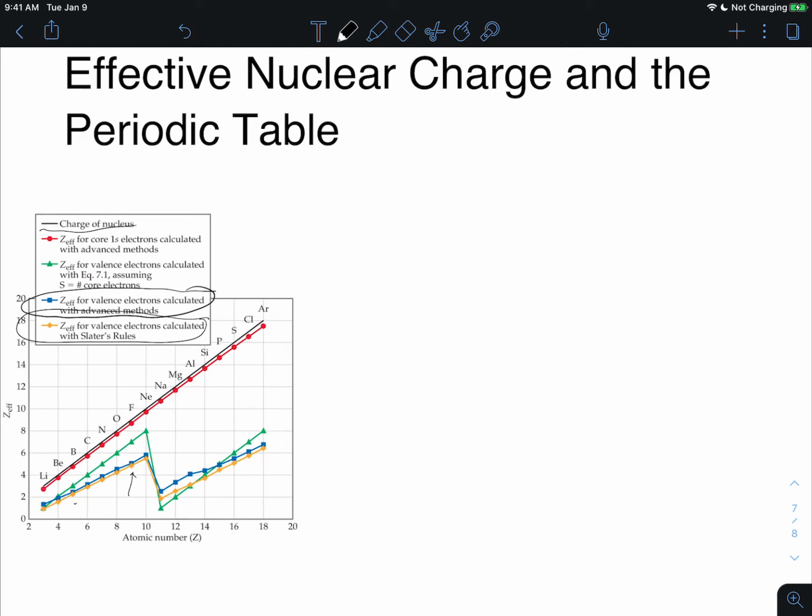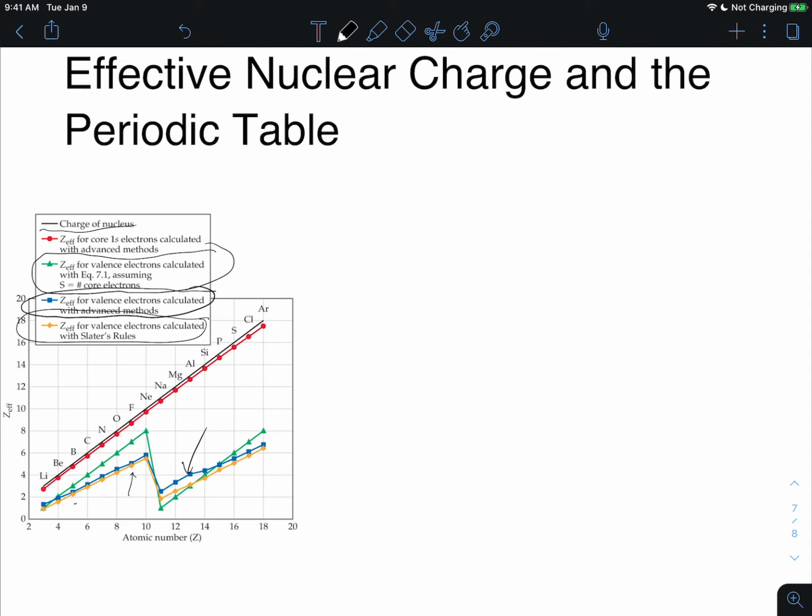The blue line is using advanced methods to determine the Z effective. And then this green line right here is using a simple equation where you just take S equal to the number of core electrons. But we don't use that method because it's not a very good method. So Slater's rules are in pretty good agreement with our advanced methods for determining effective nuclear charge.